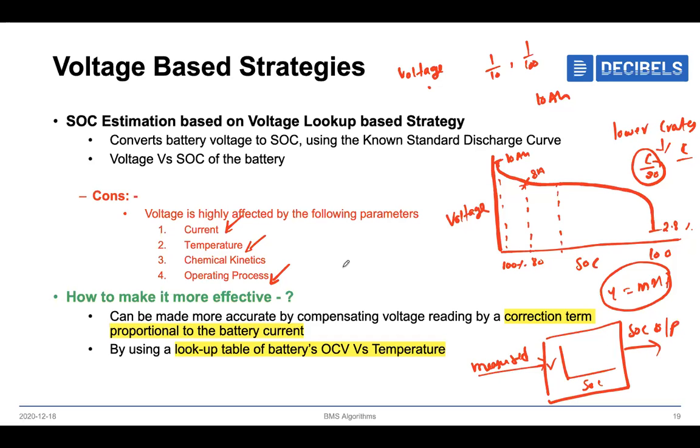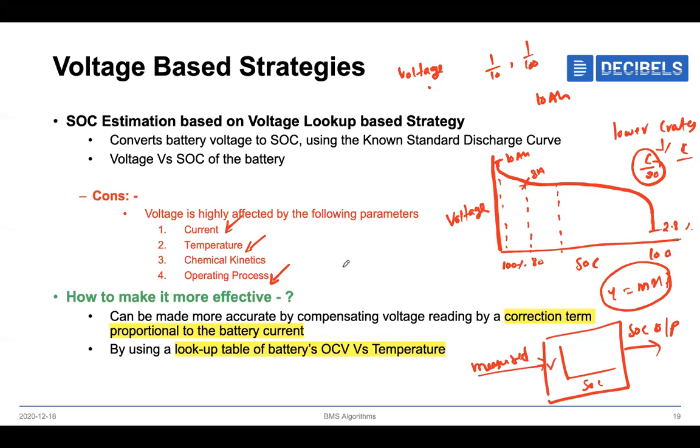Apart from these things, we also have some kinds of noises: sensor noise, measurement noise, or process noise. There are some things which we have to consider while measuring. In this particular methodology, we are neglecting those things, so we can't call it a very accurate method of estimating the state of charge.